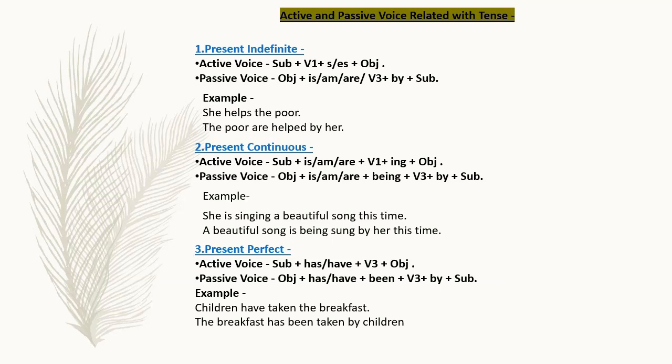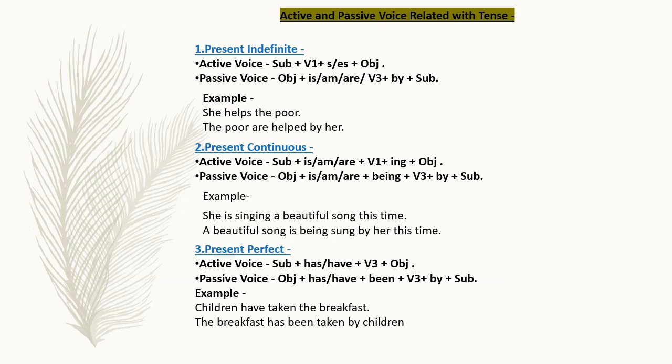Next, let us come back to present perfect. First of all, we'll go through all the present tenses over here. Active voice of present perfect, as you all know, is subject plus has for a singular subject and have for plural, plus V3 plus object. Next, how would the passive formation take place over here?